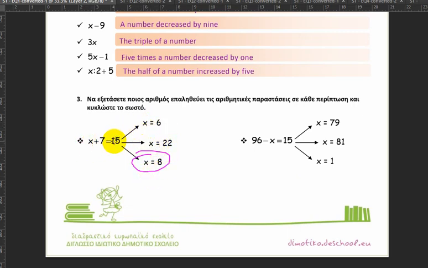So 6 plus 7 makes 13, so no. 22 plus 7 makes 29, so also no. So next here we have 96 minus x equals 15. So here we would do the trick where we swap the x and the number. So we'd have 96 minus 15 equals x. That means that x is equal to 81.